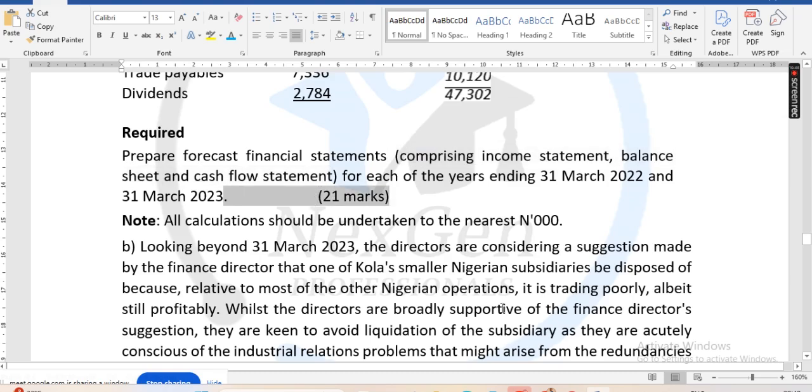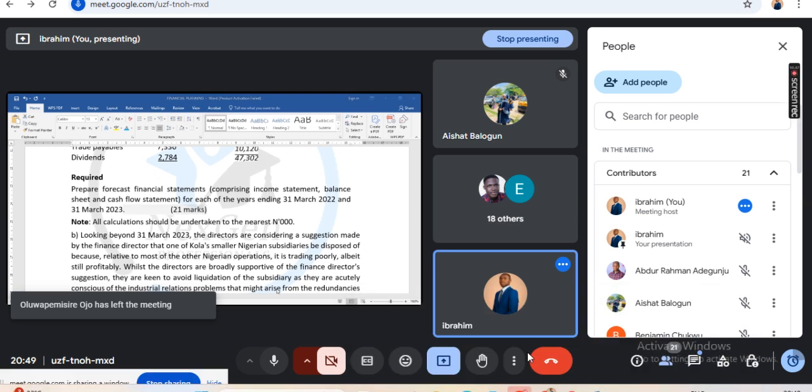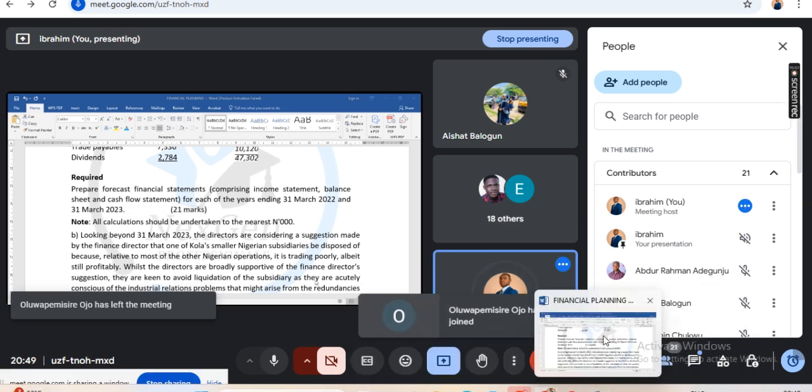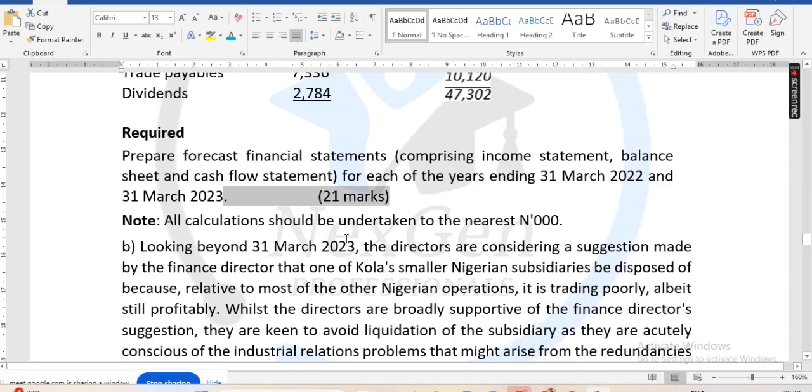Class, this is 21 marks. All calculations should be undertaken to the nearest thousands.